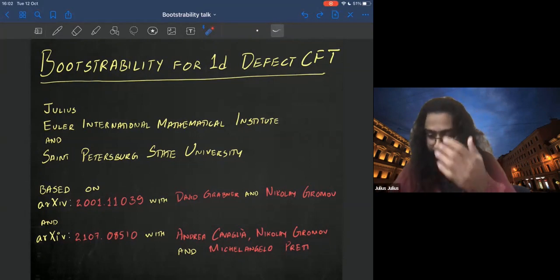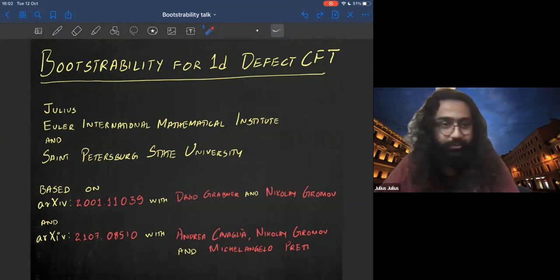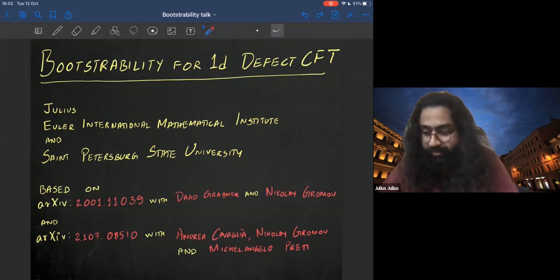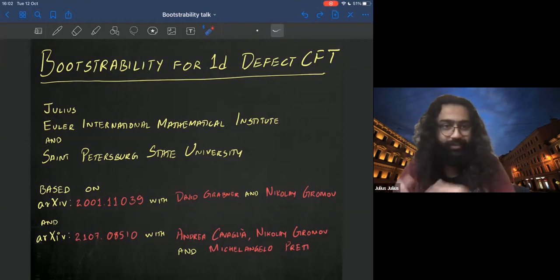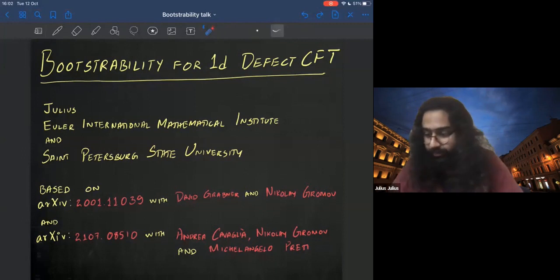I'd like to start by thanking the organizers for giving me the opportunity to present my work. So today I will be talking about bootstrability for 1D CFT. Bootstrability is our attempt to combine the techniques of integrability with conformal bootstrap to see where this kind of idea goes.